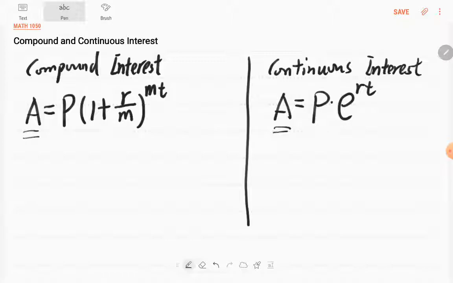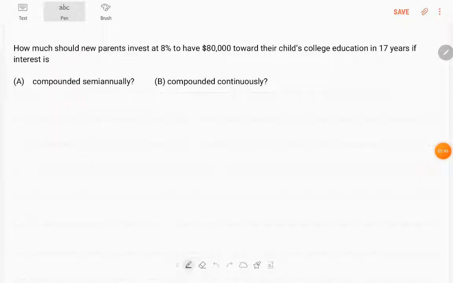So this is the next example. How much should new parents invest at an 8% annual rate to have $80,000 toward their child's college education in 17 years? The first problem is if the interest is compounded semi-annually.